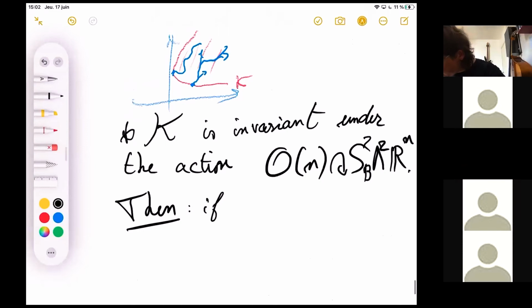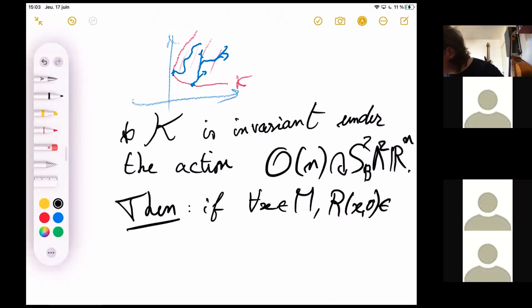So if for every x in M, the curvature operator at that point at time 0 belongs to K. What I mean by that is that, choosing an orthonormal basis of the tangent space, I can identify this S2 of lambda 2 of Rn with a fiber of the vector bundle of curvature operators.